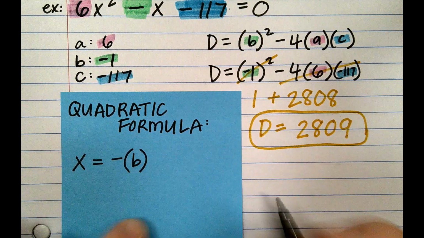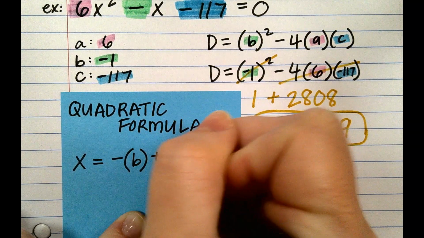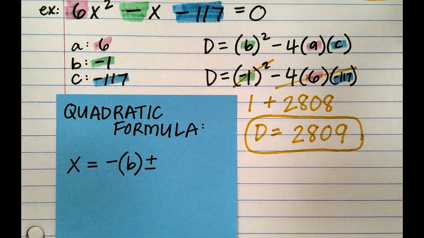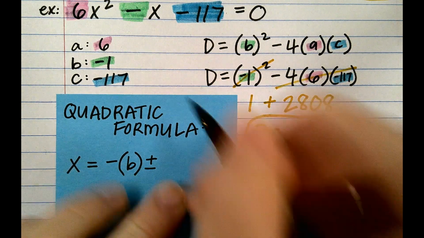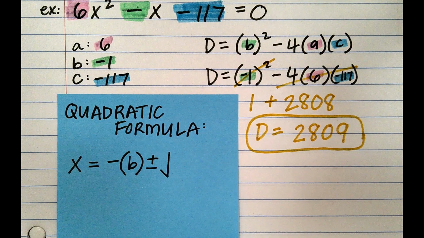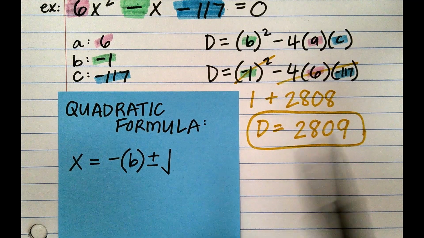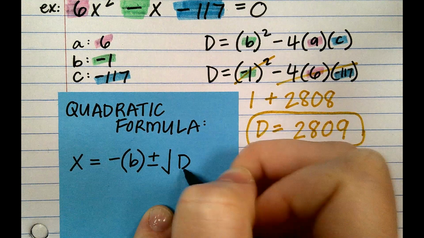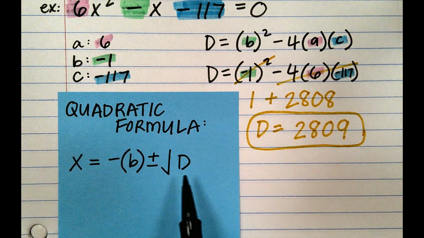X equals -b plus or minus, new symbol, the square root, start with just a check mark, of d, of discriminant.